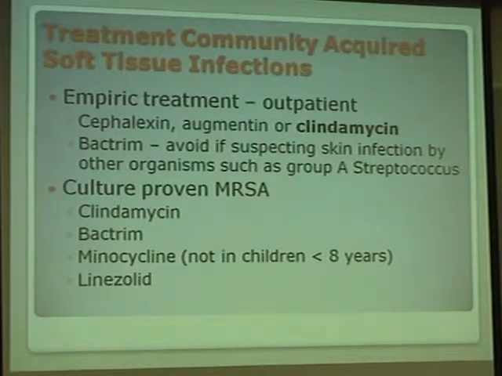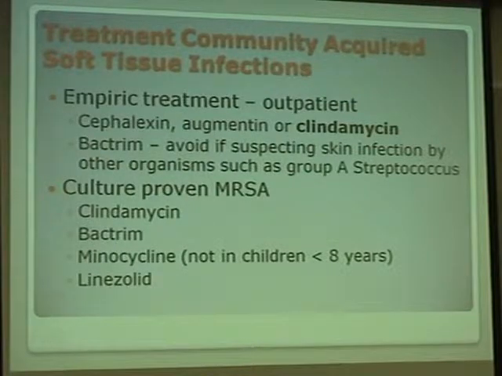So if we have a community-acquired soft tissue infection for an outpatient, how are we going to treat that? So empiric treatment, we could look at something like cephalexin or Augmentin, which we said will work maybe if it's MSSA, but not if it's MRSA. So then we have clinda. And the nice thing about clindamycin is it covers both staph and strep.